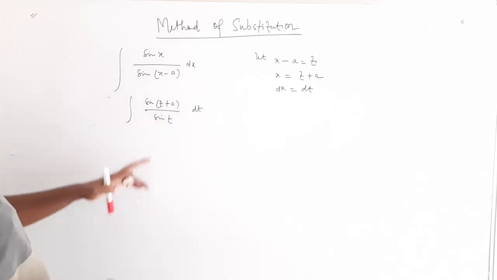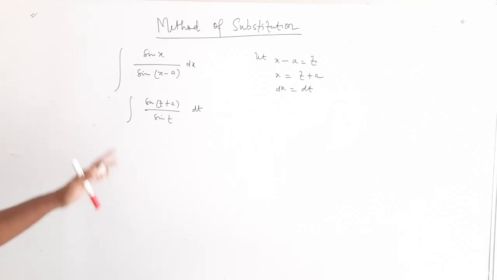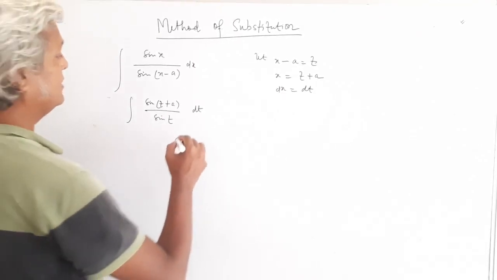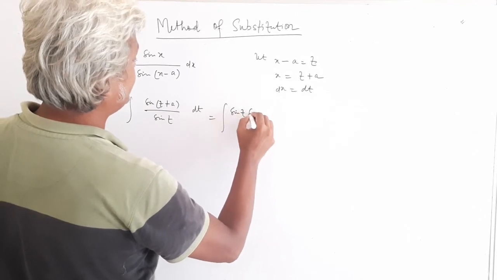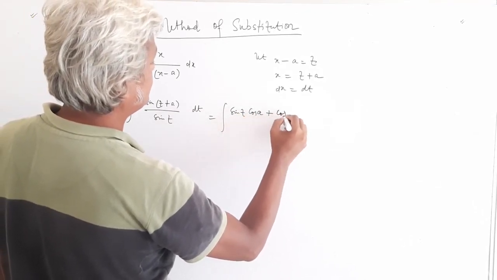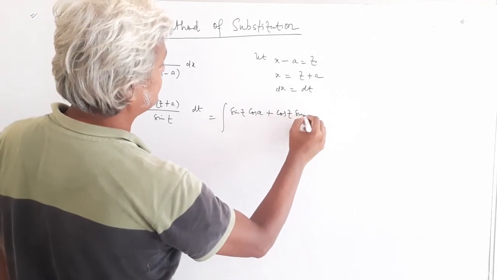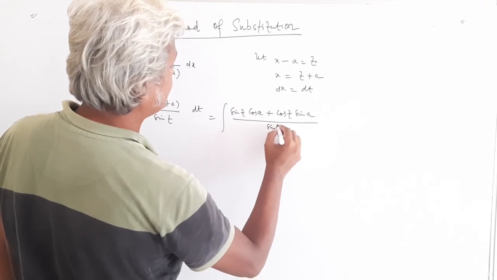Now I need to expand sine of a plus b using the formula sine a cos b plus cos a sine b. So this will become sine t cos a plus cos t sine a, and everything divided by sine t dt.